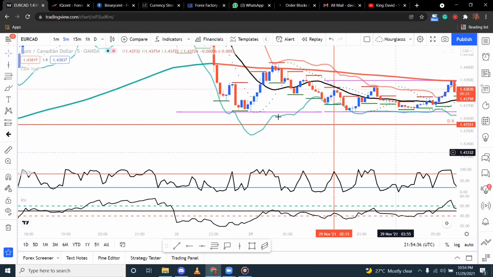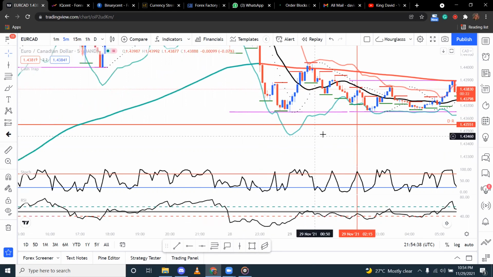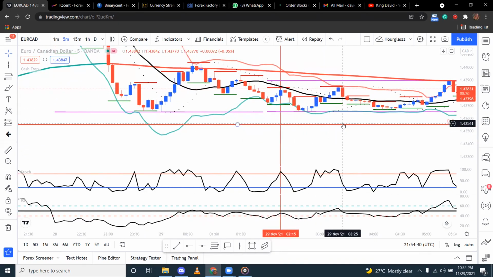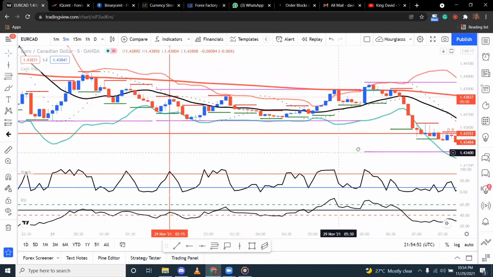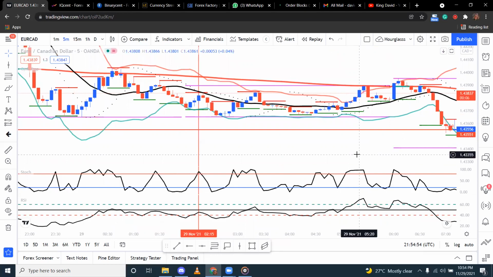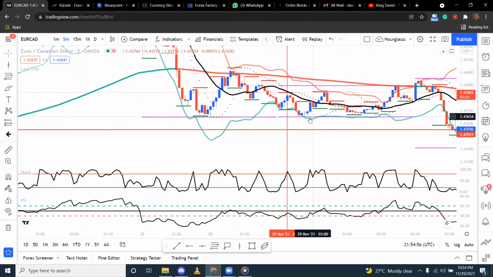So guys, we understand what you need to see to get a buy. We understand what you need to see to get a sell. That's just the way it is. But then another confirmation that you might not see here is the 200 moving average. Whenever the market is around the 200 moving average, if the market was below and it's touching the 200, this is an additional thing for us. It is an additional trick.